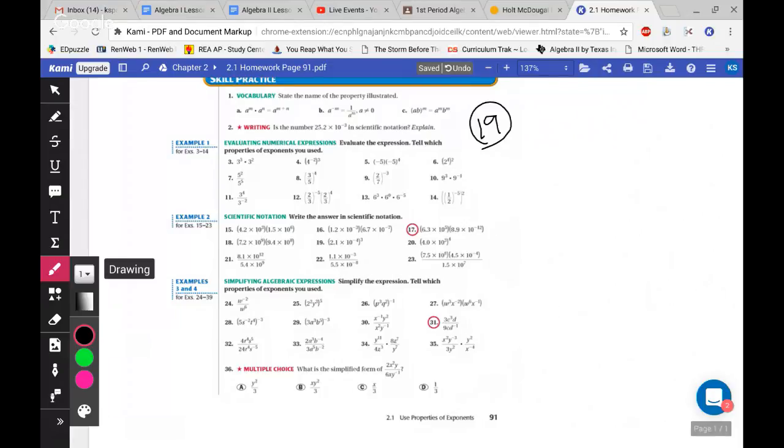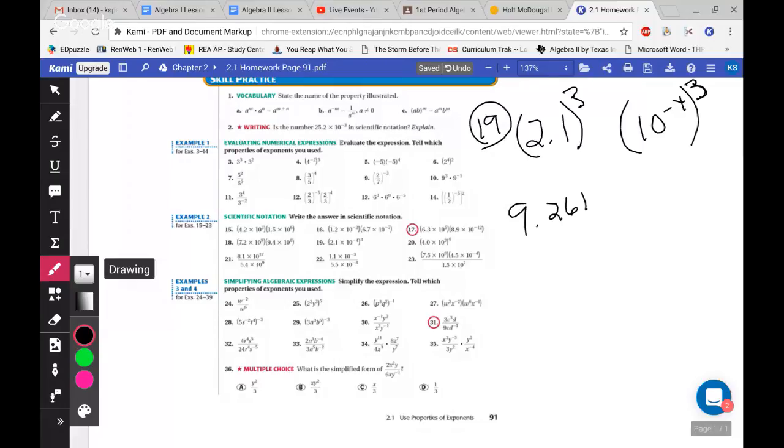So we've got 2.1 cubed, and we've got 10 to the negative fourth cubed. So you have to make sure that you're cubing both the 2.1 and the 10 to the negative fourth. So 2.1 raised to the third is 9.261.